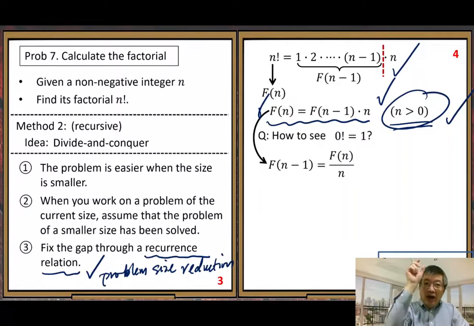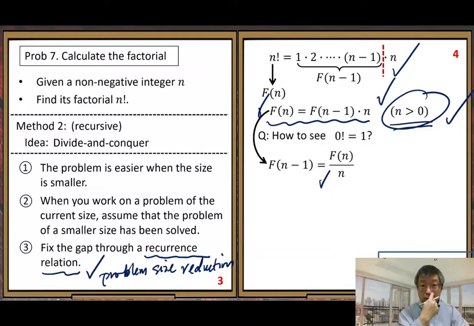So f of n minus 1 equals f of n over n, because we divided both sides of the recurrence relation by n. So we get this equivalent equation.